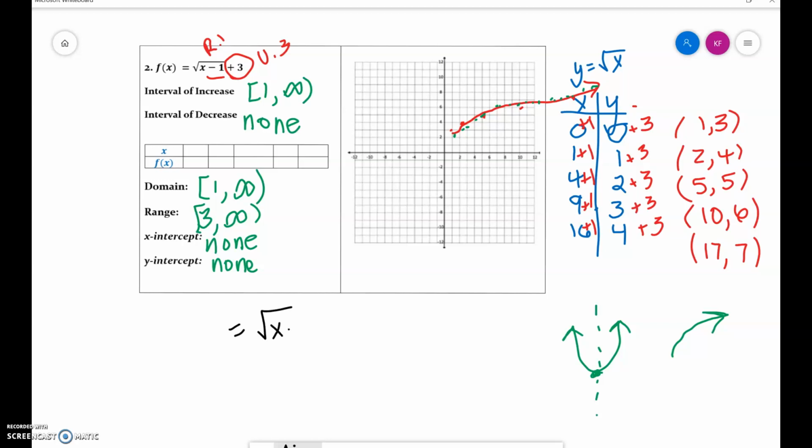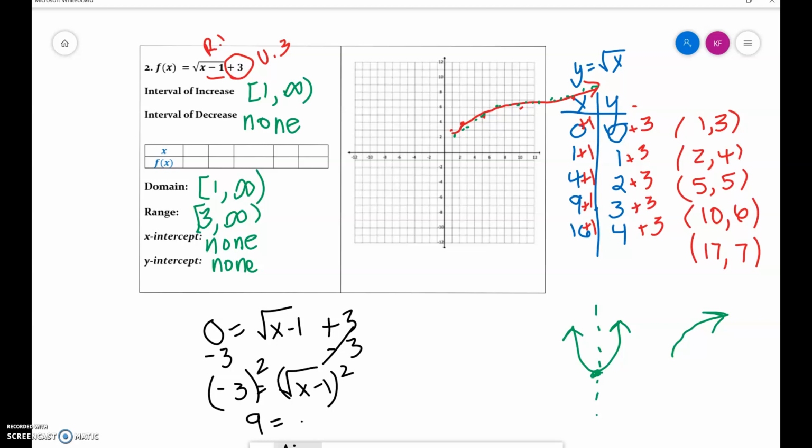And so you would take your equation and set the y equal to 0, and then you would solve for x by moving over the outside terms and then squaring both sides because we have a square root, and then adding 1. That would give us an x-intercept if we had one, but we don't here. That's the process for finding one.